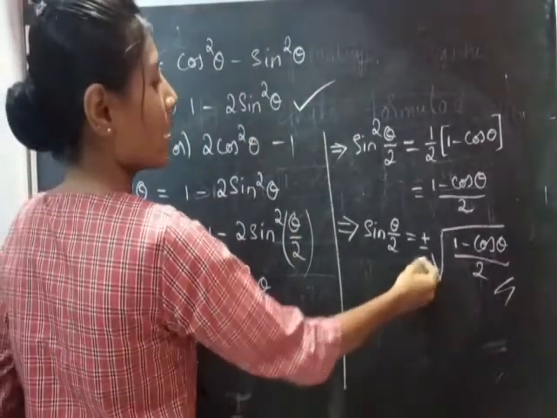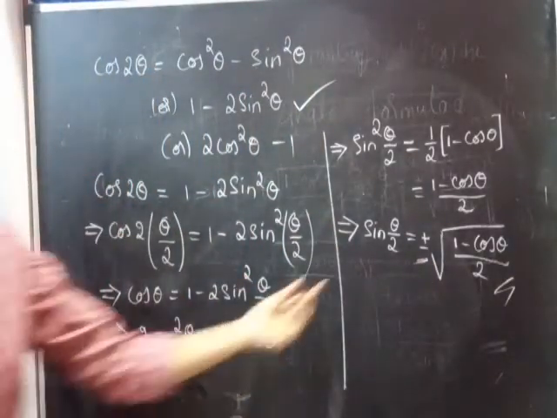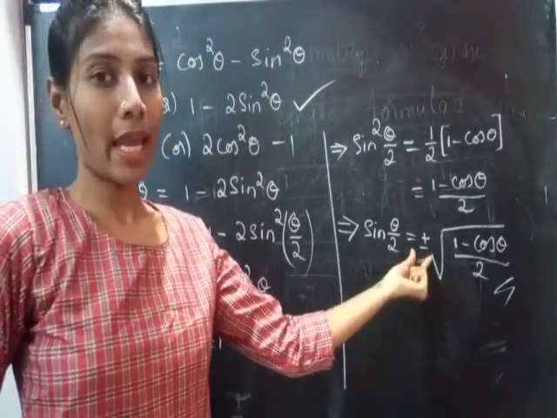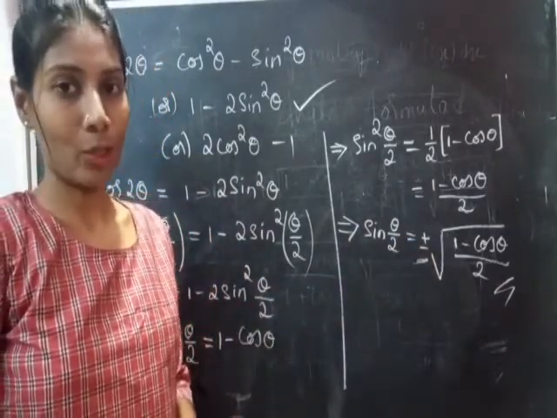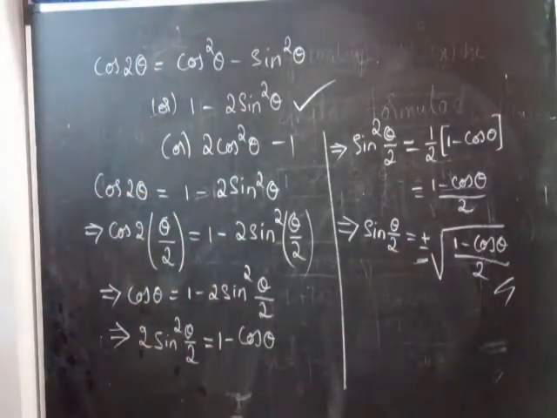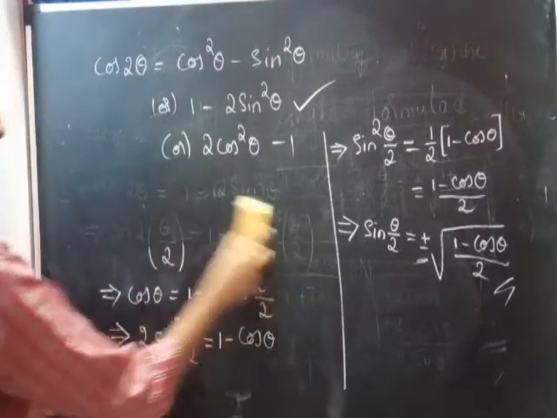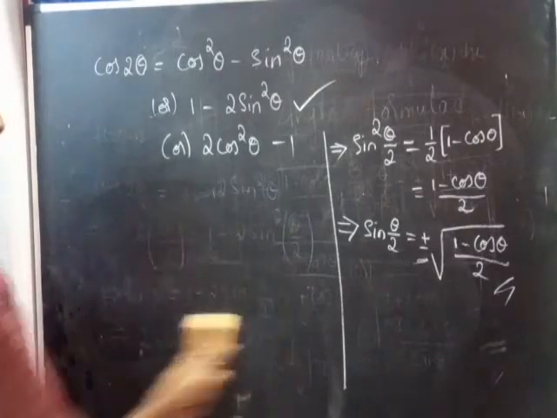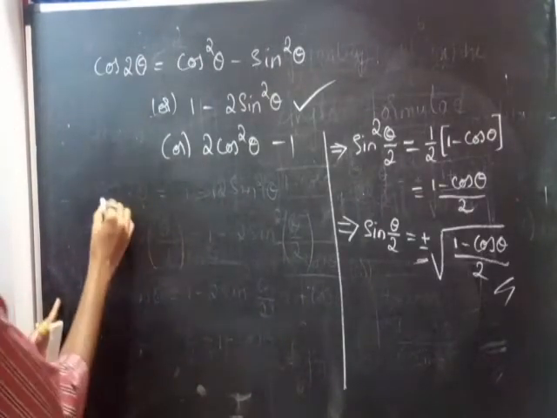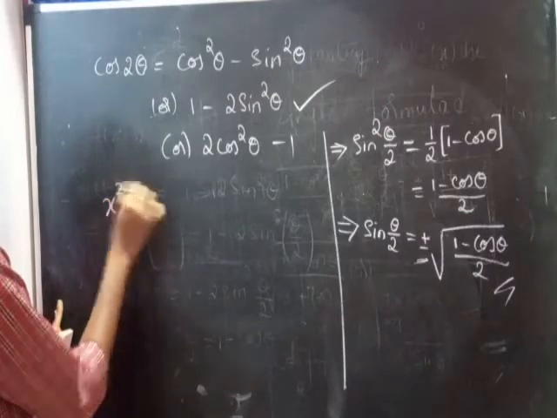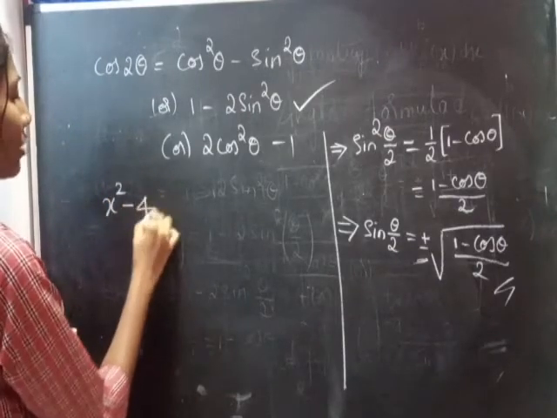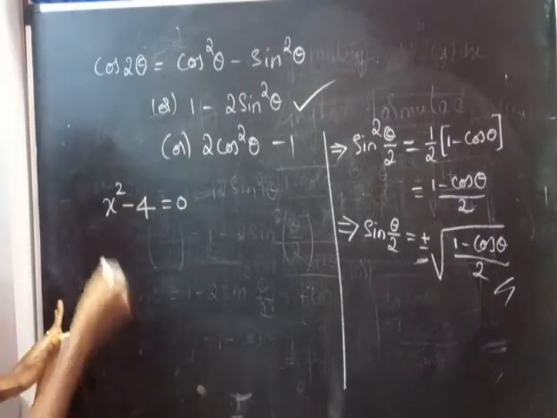Since you are using the plus or minus symbol, okay, we get the absolute value. Suppose you consider any simple equation, suppose x square minus 4 equals 0.